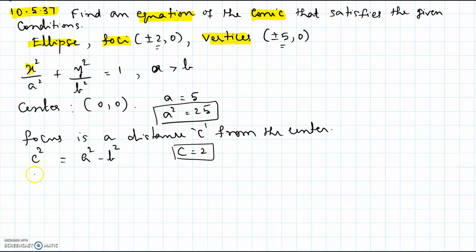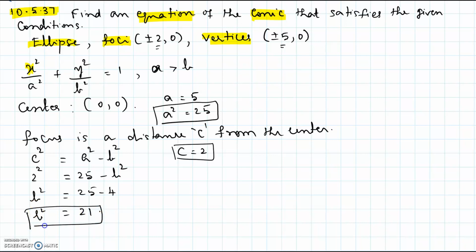So c squared, so 2 squared equal to a squared, which is 25, minus b squared. So b squared equal to 25 minus 4, which will be equal to 21. So b squared equal to 21, a squared equal to 25.